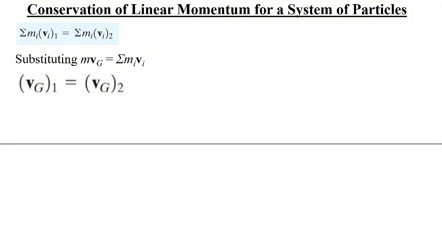Now, as stated earlier, the internal impulses for the system will always cancel out because they occur in equal but opposite collinear pairs. If the time period over which the motion is studied is very short, some of the external impulses may also be neglected or considered to be equal to zero.